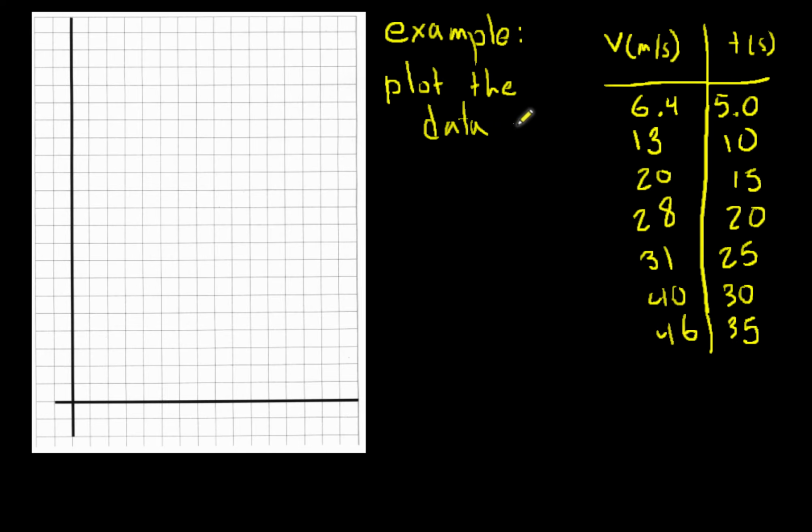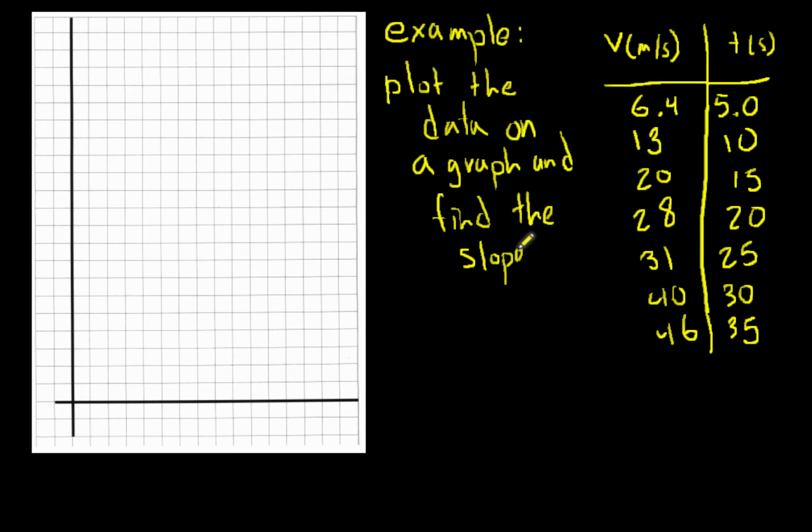Here's another example. There's a data table here, and I suggest you pause the video to write out the data table in your notes. In this example, you will plot the data on the graph and find the slope of the best fit line. We start when we're always plotting a graph by labeling each axis.